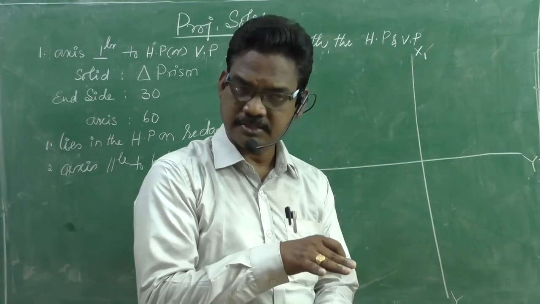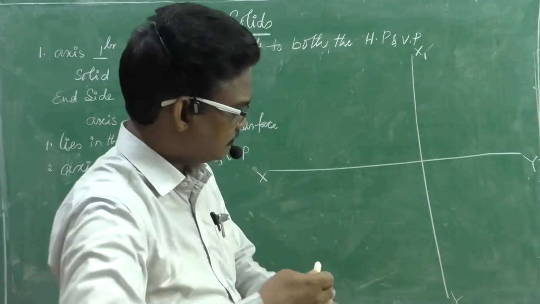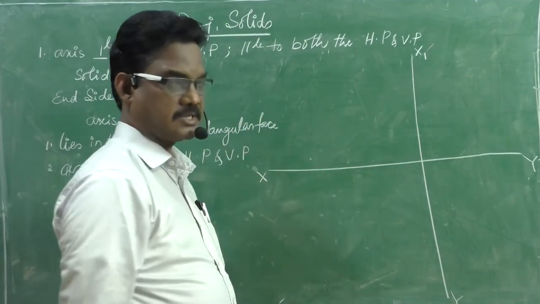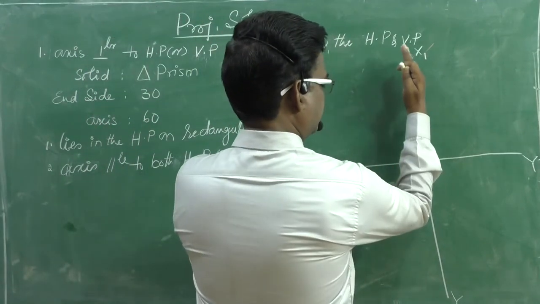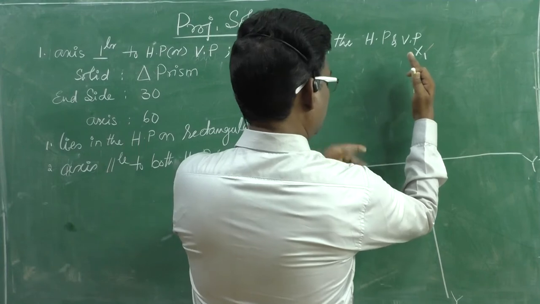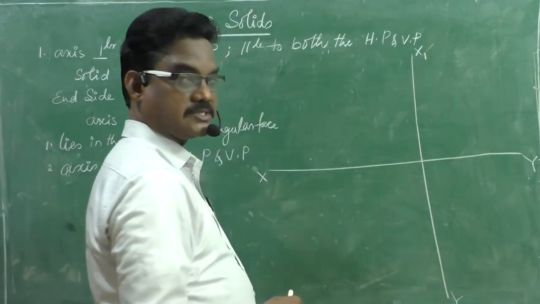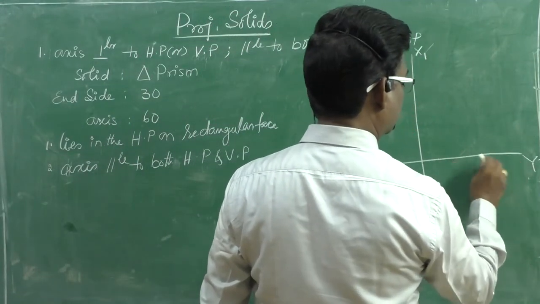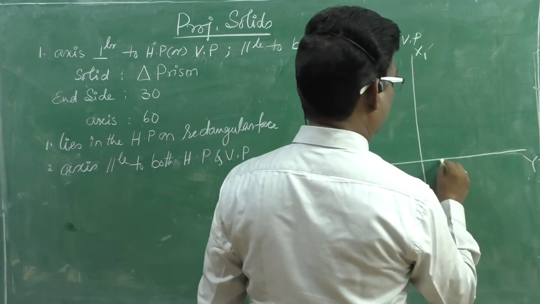When it lies in the horizontal plane on its rectangular face, that face in the front view coincides with the reference line. In the side view, that face also coincides with the reference line. Therefore, by touching this reference line, we need to draw the respective equilateral triangle.